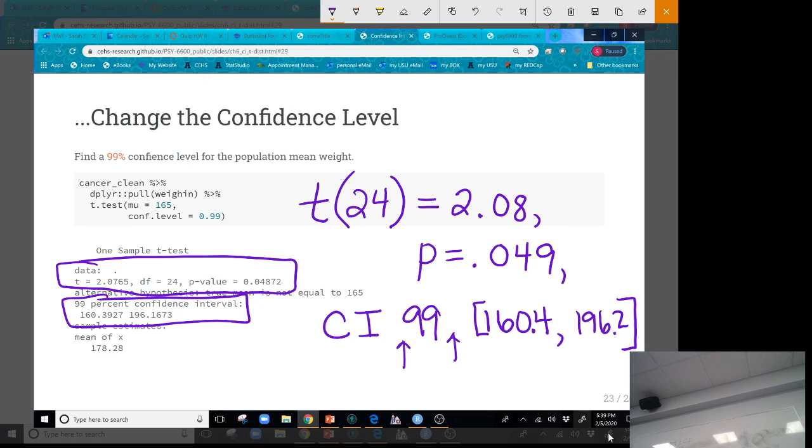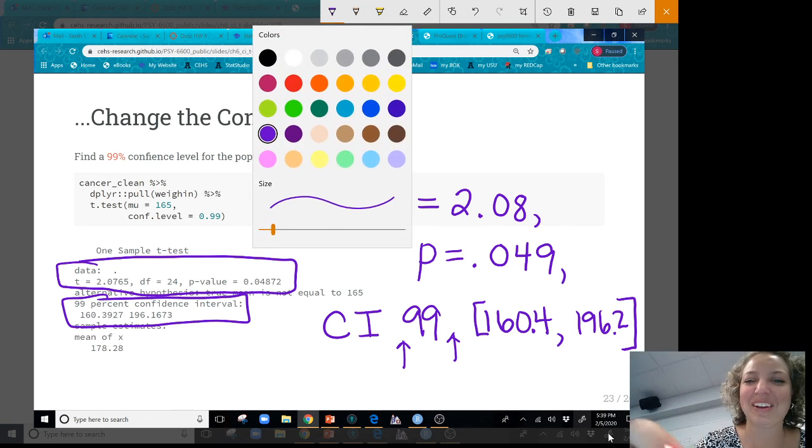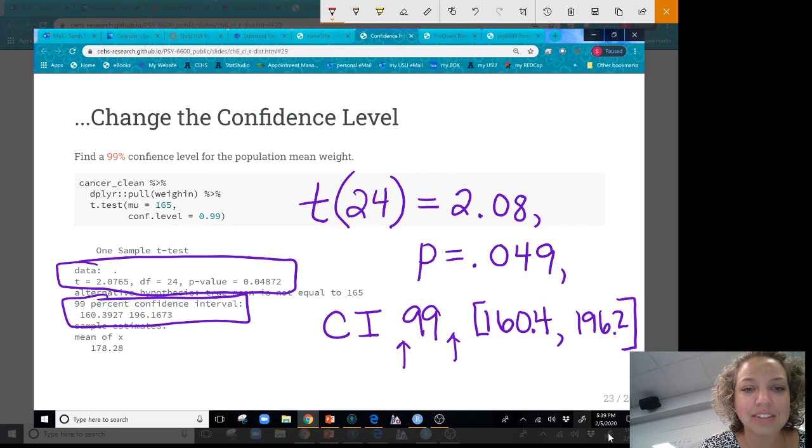So, in this one, are the results statistically significant? Barely, right? And our confidence interval, do you know what the hypothesized value here is? At 99, yeah. Well, what alpha are you going to use? Okay. So our hypothesized value is 165.